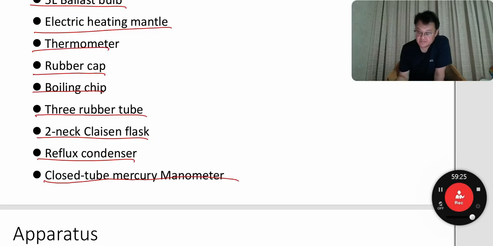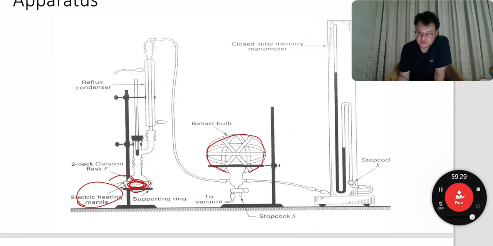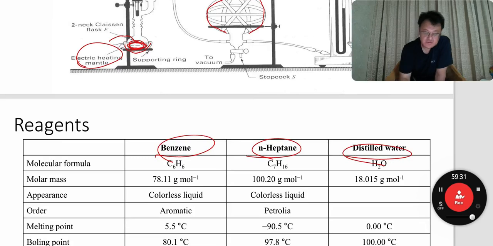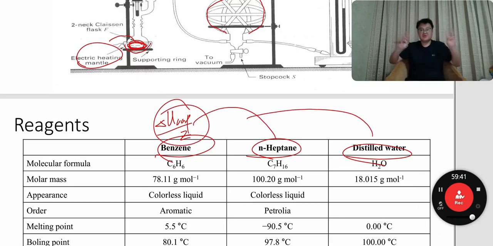And then ultimately, you will be able to determine the delta H VAP over Z value for benzene, for N-heptane, for distilled water. 3 different delta H VAP over Z values should be determined, okay?